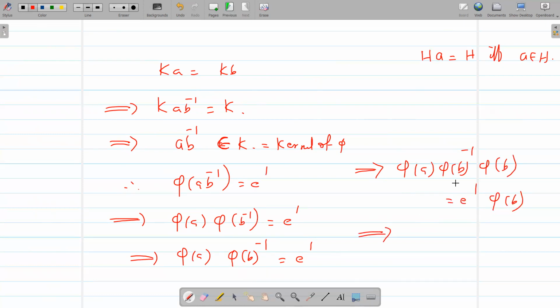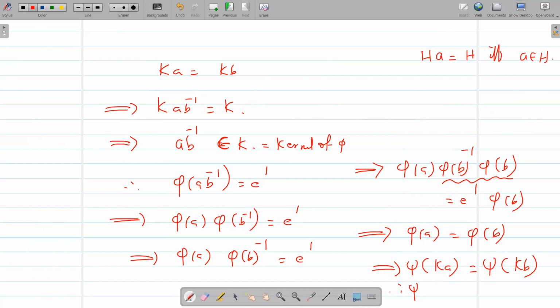This implies phi of a is equal to phi of b. This implies psi of Ka is equal to psi of Kb. Therefore, psi is well defined.